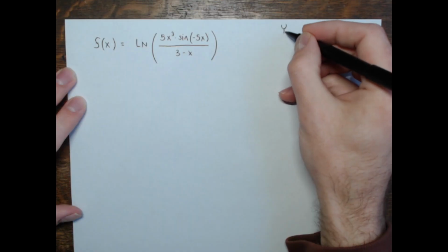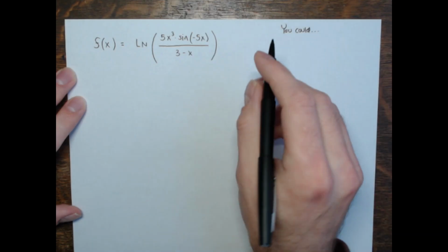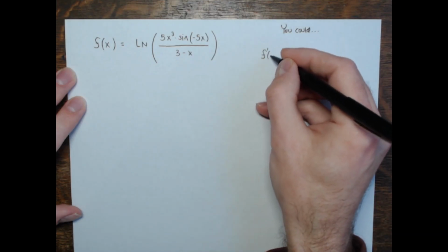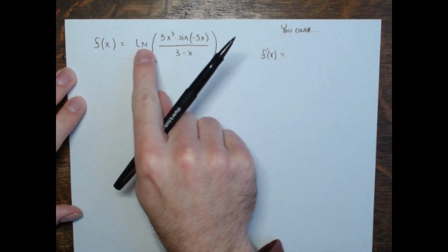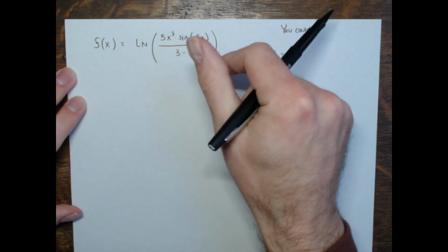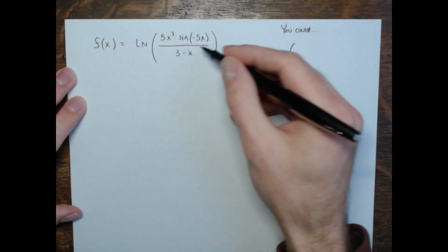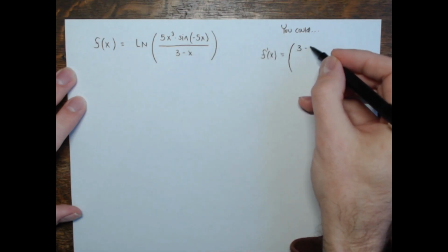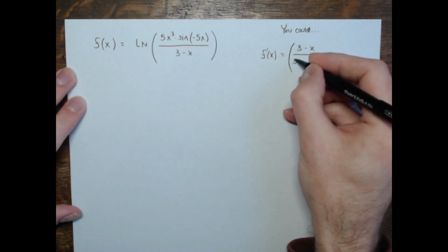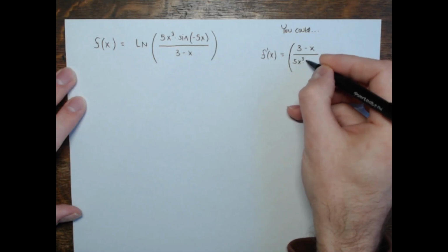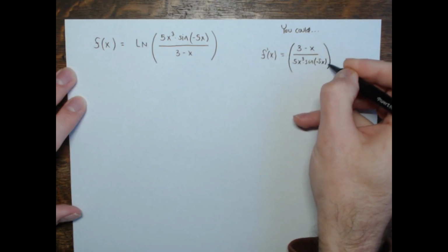So, I mean, you could just say, hey, the derivative, f prime, remember the derivative of the natural log of something is 1 over that thing, the reciprocal of that thing. So I write the reciprocal of this, 3 minus x in the numerator, divided by 5x cubed times the sine of negative 5x, all in the denominator.